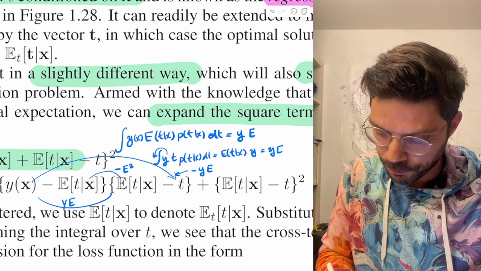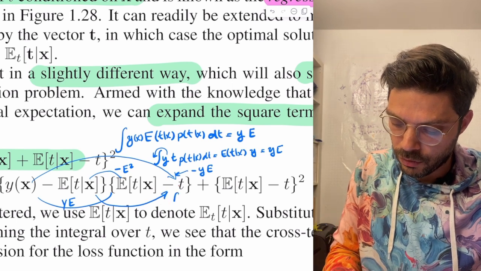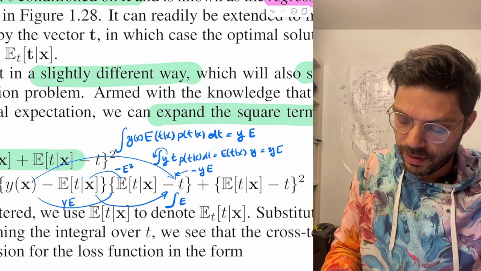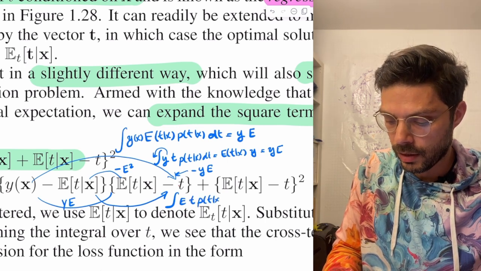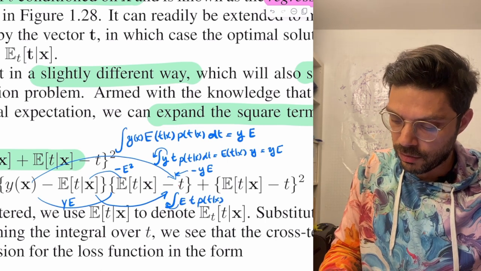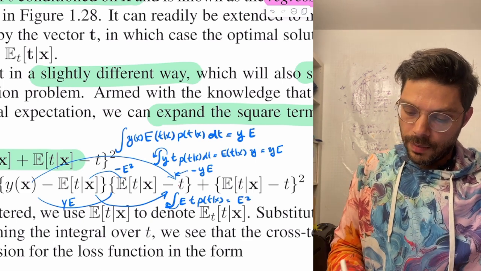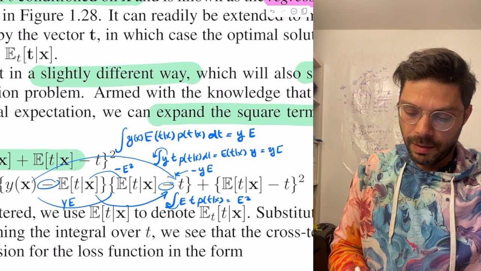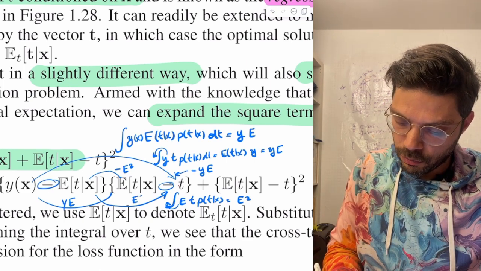So let's do that one. And you can just see easily that if we integrate it, it's going to be the expectation times t times p of t given x. This goes on the outside, so this is just going to be an E squared. And the minus and that minus are going to cancel. So this last term is going to contribute an E squared.